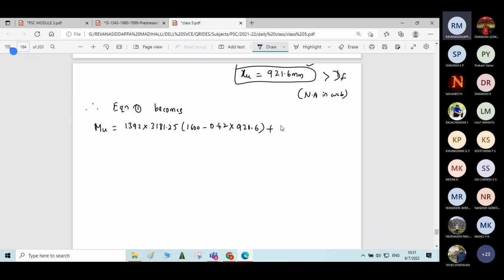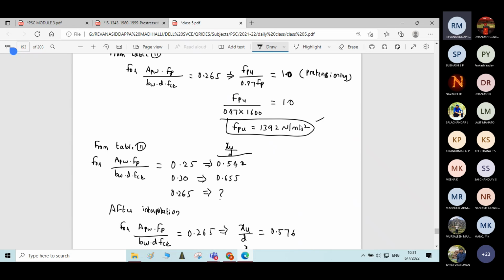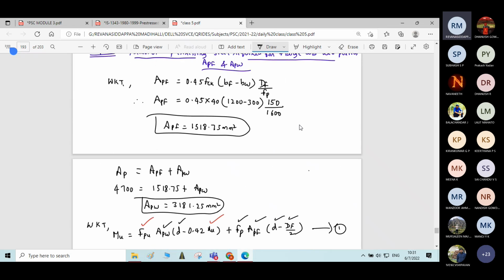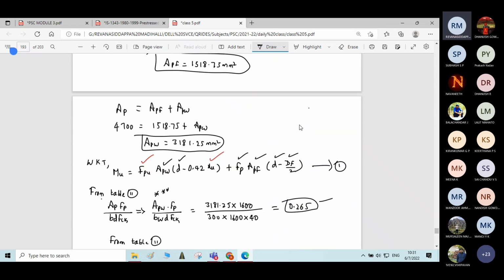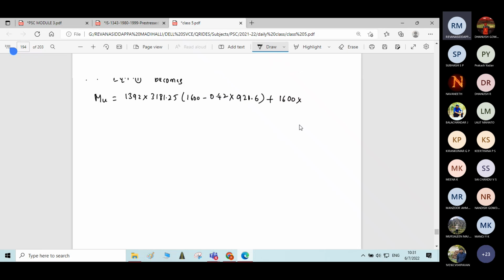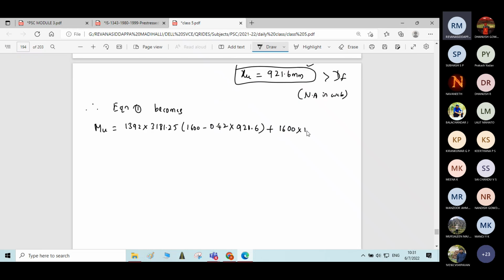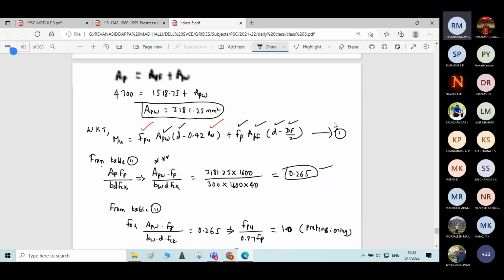Plus FP into APF. The characteristic strength of prestressing steel is 1600, into APF, which we calculated just before as 1518.75.